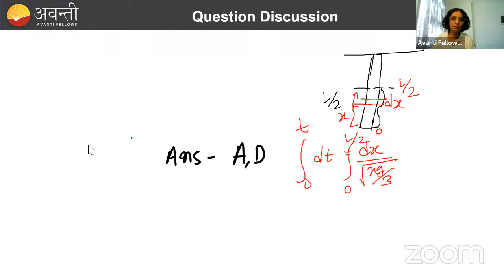How many questions? Okay, 6 to 7. That is a good number. Not bad. Okay, done. No issue.